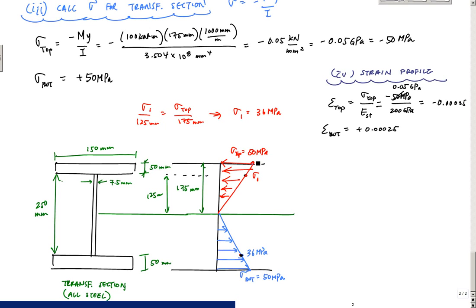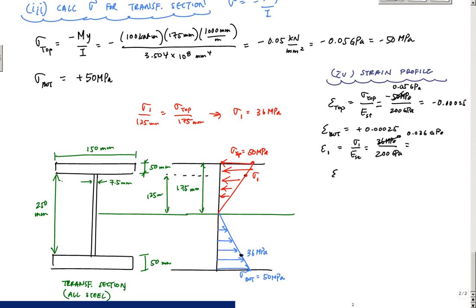And the strain where the material transitions between steel and wood is just sigma 1 divided by E steel, which in this case is 36 MPa divided by 200 GPa, the same as 0.036 GPa, in case you were wondering.